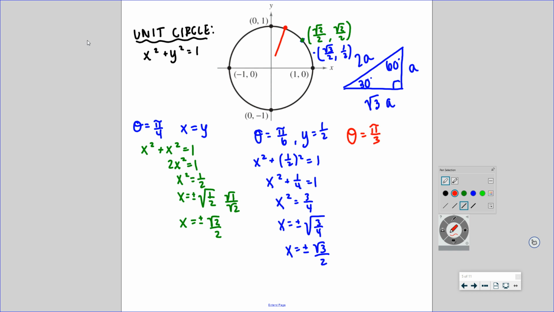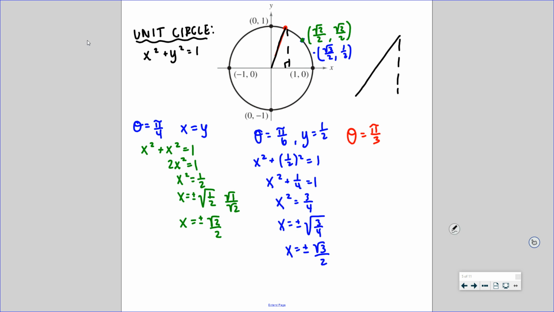Pi over 3. So now this ends up being still a 30, 60, 90 triangle. But this time, this is 60, this is 30, and that's going to be the ratio.